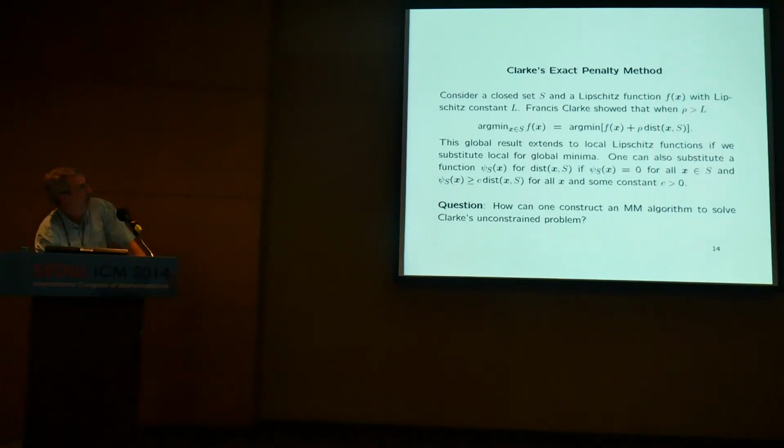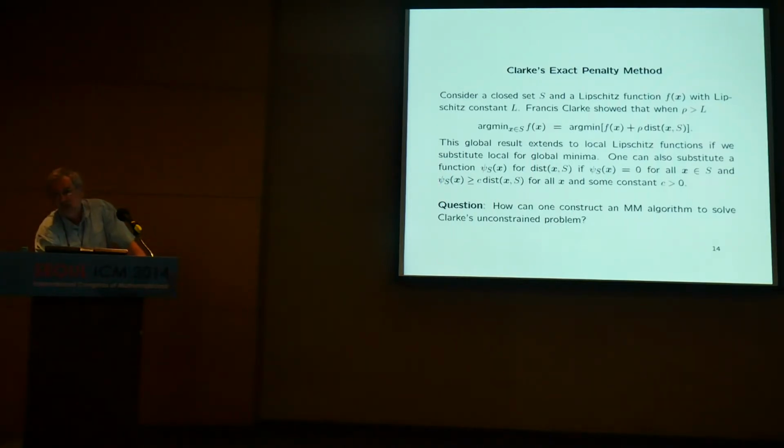And you get the same global optimum, same global minimum. You can extend this result to Lipschitz functions if you substitute local for global minimum. And you can also substitute a function for the distance function. It has to be 0 on the set S, the substitute function, and it has to be above the distance function, at least scaled by a constant.